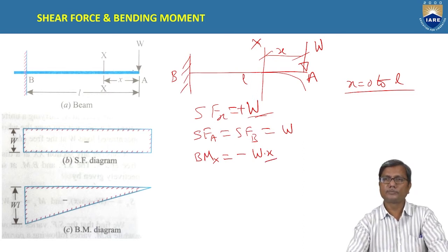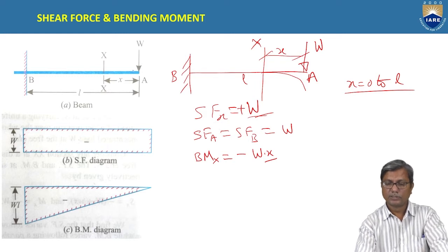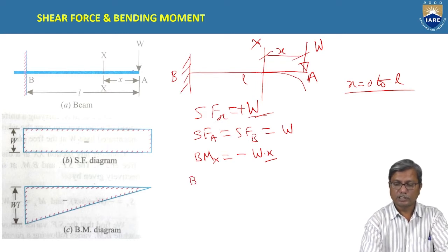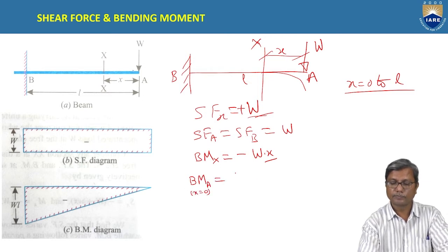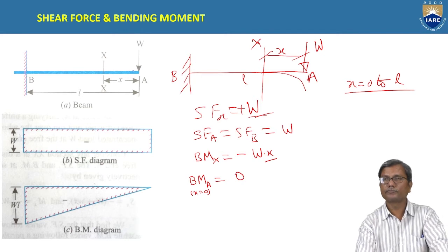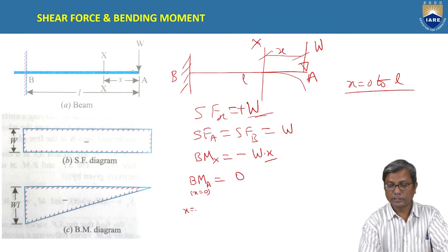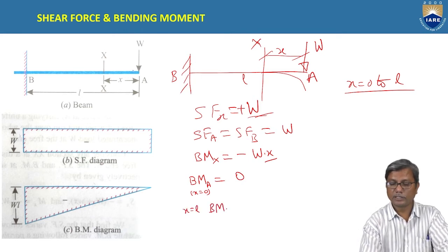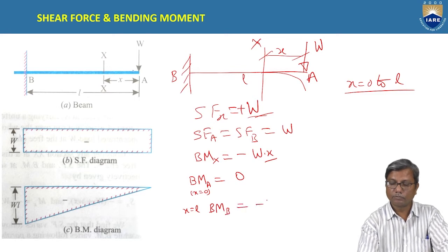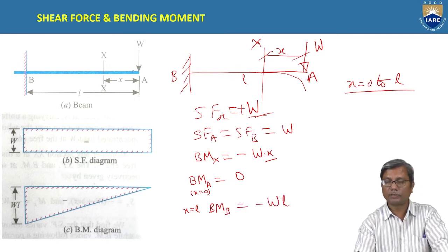It depends on x. So at x equal to 0, the bending moment at A is 0. Similarly, at x equal to L, the bending moment at B will be minus WL.